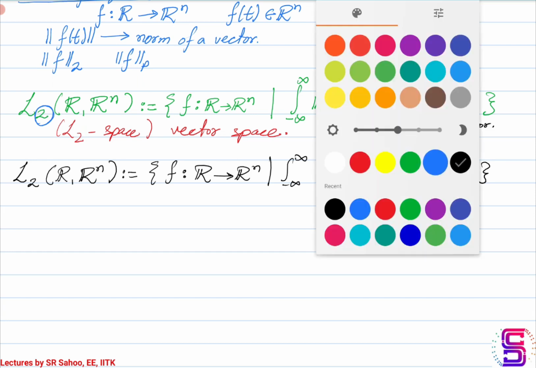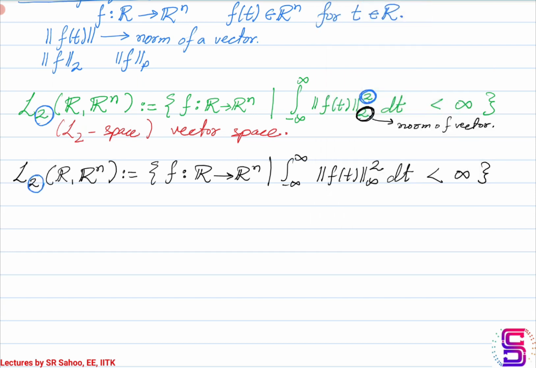So notice here the 2 here and the 2 here. The 2 in the subscript of L2 corresponds to the power that you are actually taking. Irrespective of which p norm you take for f of t, it's the power that you take that matters.